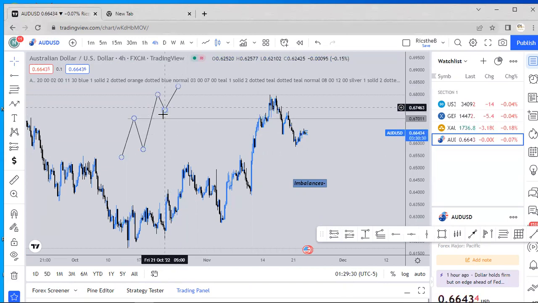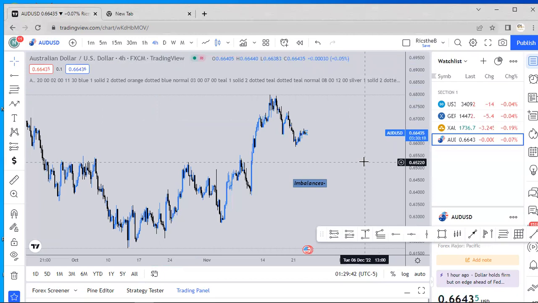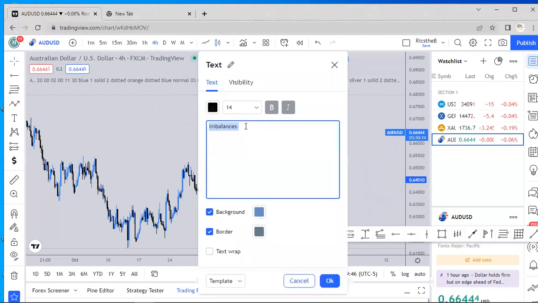This is what we refer to as an imperfect price action. Why? Because price should have retraced all the way back there. Again, this is just a diagram to help you understand what I'm trying to insinuate. So imbalances, I'll begin by defining an imbalance as an imperfect price action.